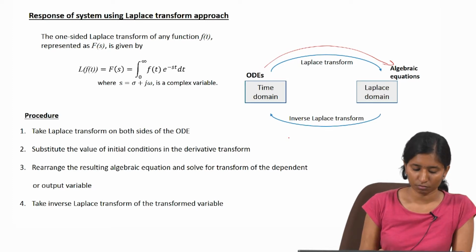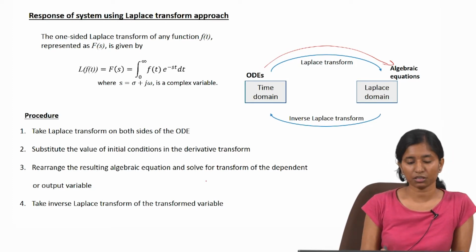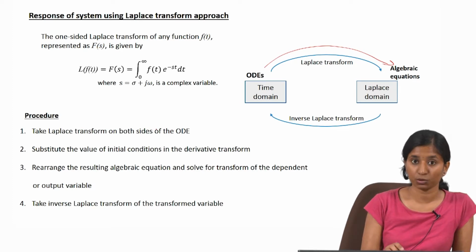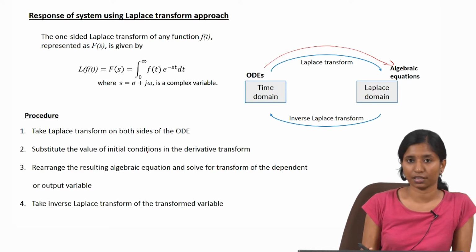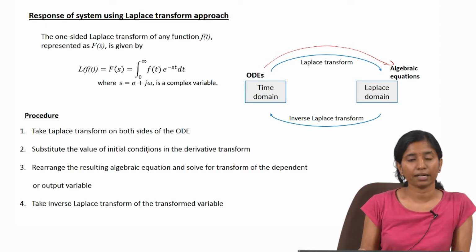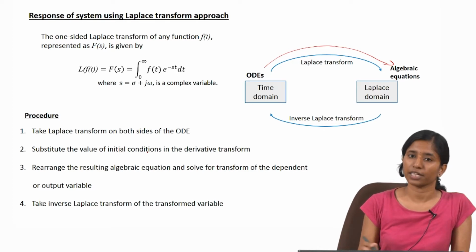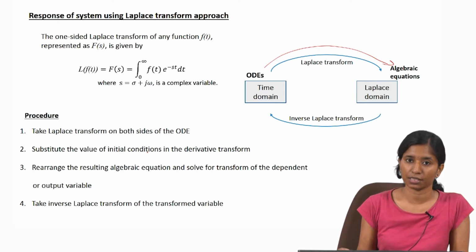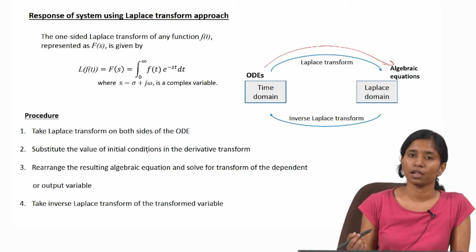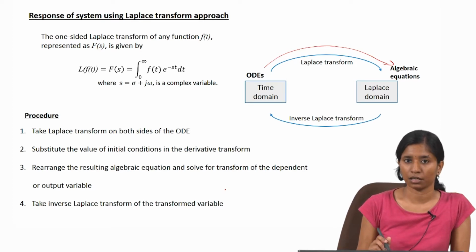So, we take the Laplace transform on both sides of the linear differential equation, substitute the value of initial conditions in that equation, and rearrange it to get it in terms of the Laplace transform of the dependent variable. Then by using partial fraction expansion and the lookup table of Laplace transforms, we can determine the time domain function of the particular Laplace domain function.